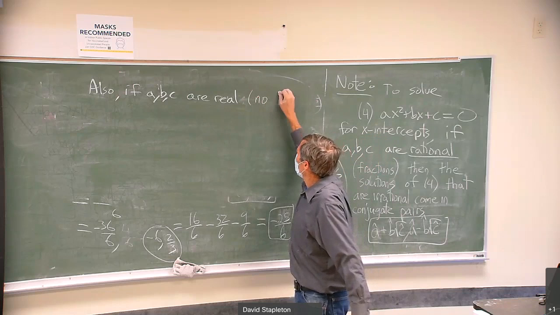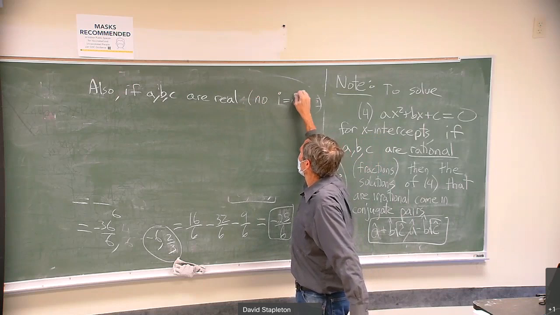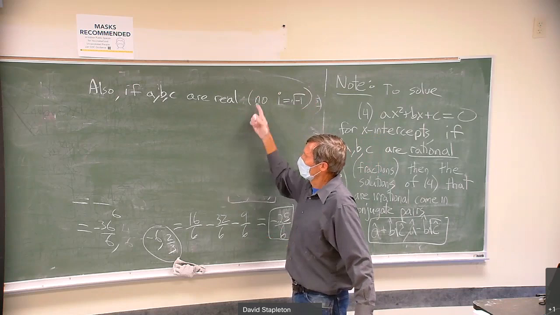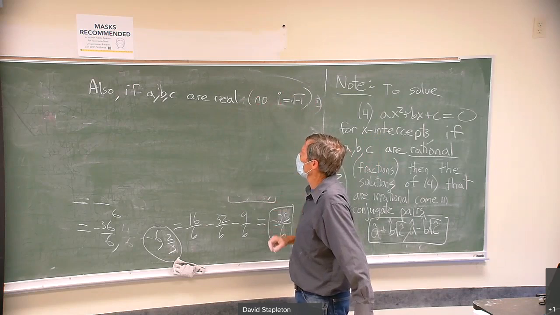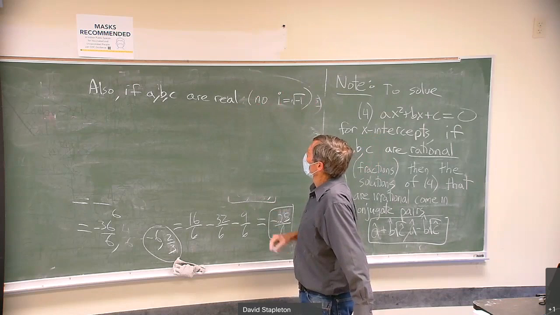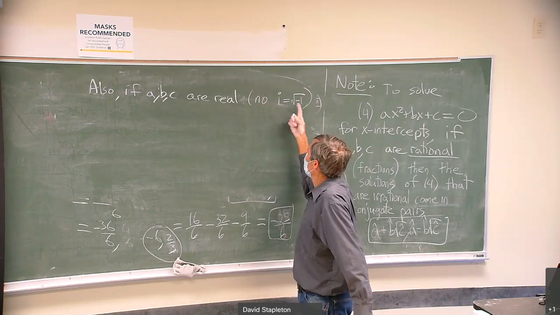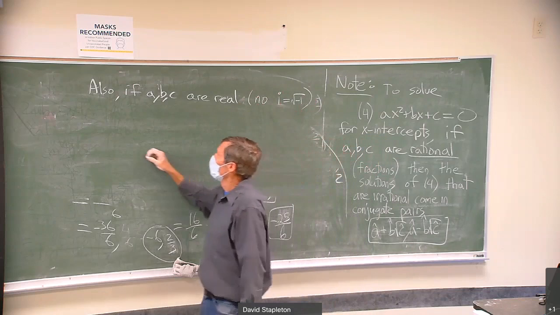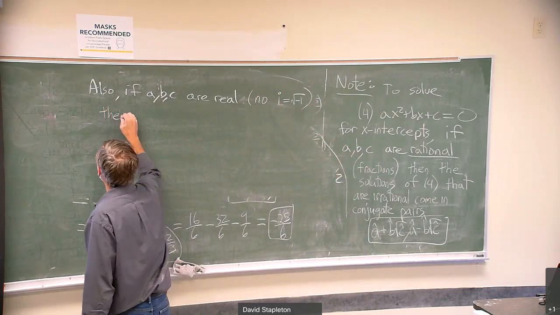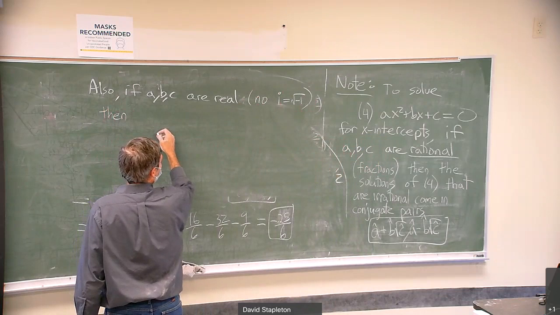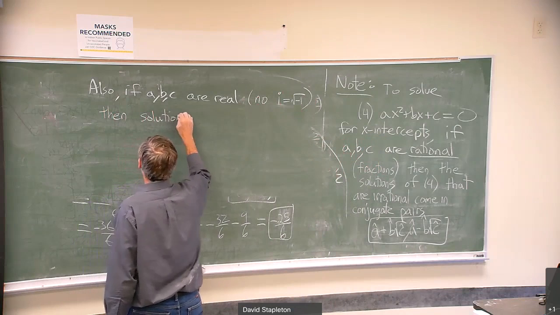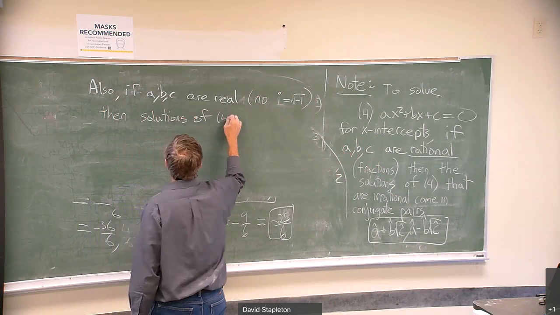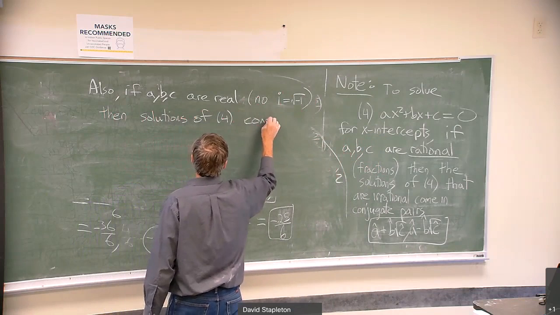What we want is no i in there, no square root of minus 1. Those are complex numbers if they have square root of minus 1 in there. If they're real, not including i, then any solutions come in complex conjugate pairs.